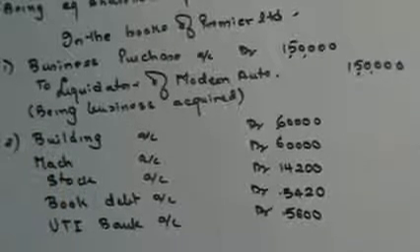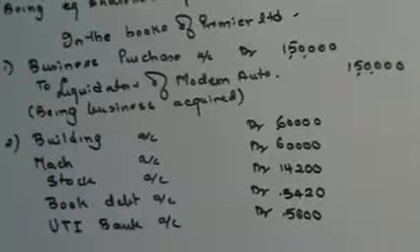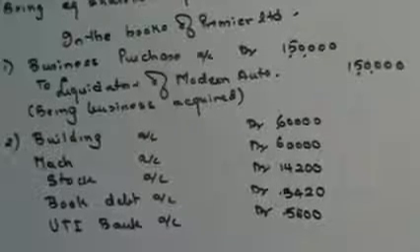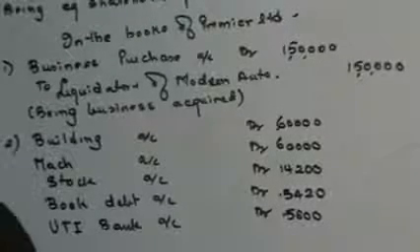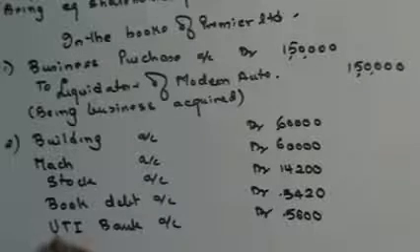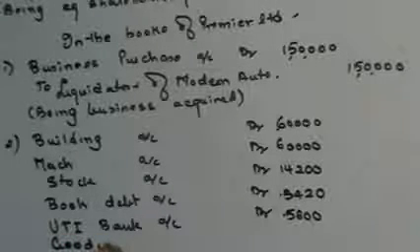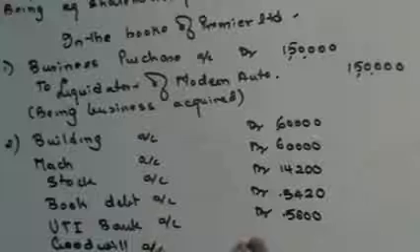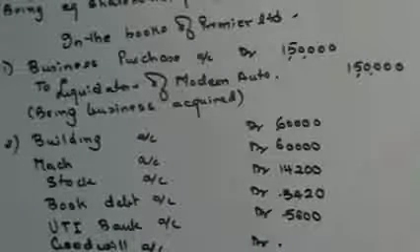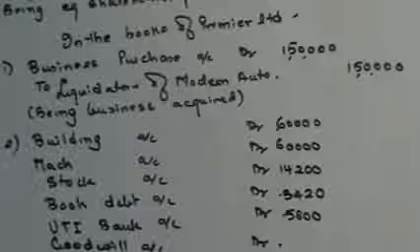Now check the difference. If the difference comes on the debit side, it is called goodwill. If it comes on the credit side, it is called capital reserve. Someone please check and tell me how much this is. I presume that the difference is on the debit side. Goodwill account. Credit side is bigger. 150, 162, 164.